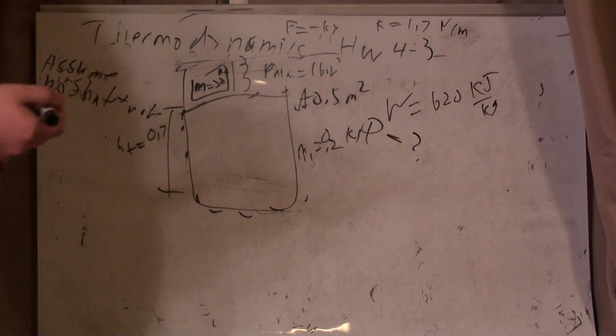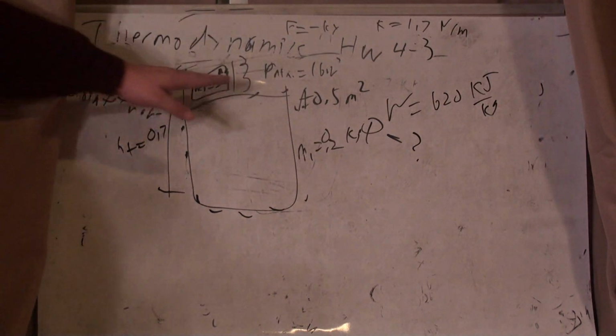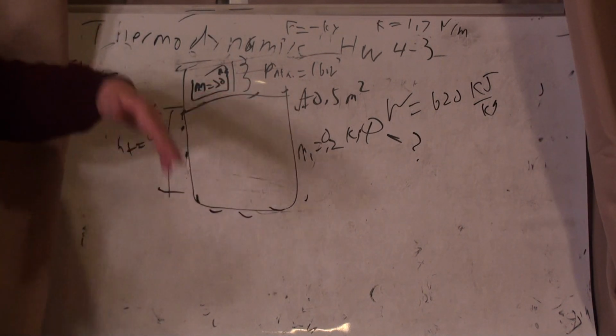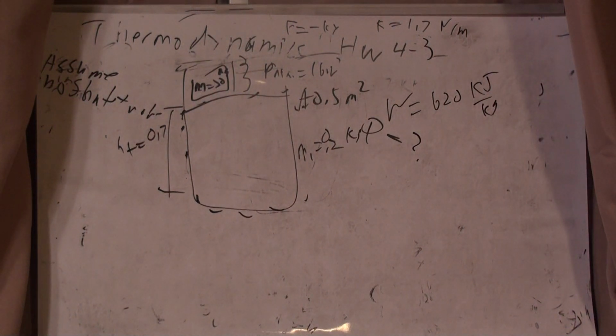Is it constant pressure? I'm going to have a pressure here, and that's going to be constant throughout. Does it say anything about whether it's a steam or a gas or anything? Okay, it does say it's pure water. So I do have water in here.